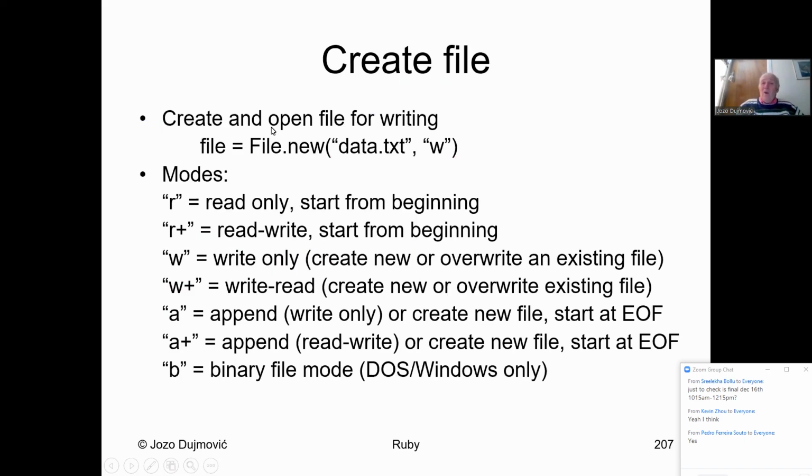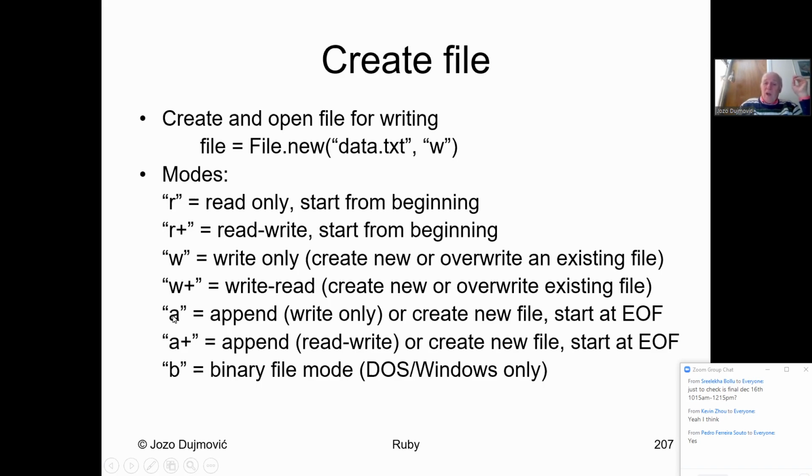So when you open the file, you say file is File.new, and you put here the name of the file. And if you want to specify what you want to do with file, then you write it here as the second argument. R is open for read only. Start from the beginning, read only. You cannot write inside. You could, if you say W, say write only. So overwrite an existing file for writing.